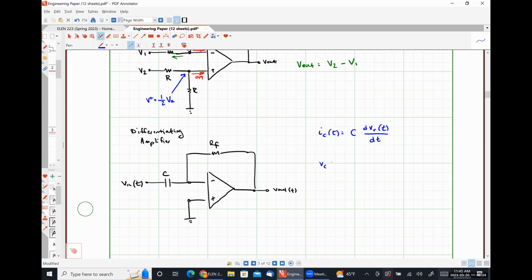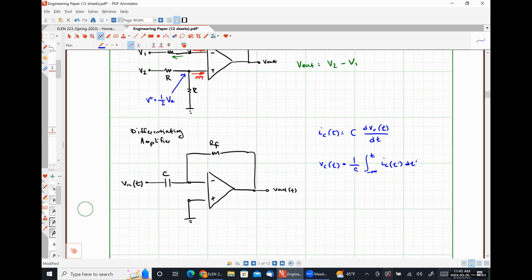And the voltage drop across the capacitor is 1 over C times the integral from -infinity to some later point in time of i_C(t') dt', where I'm not using the initial condition relationship here just because that's going to make the math slightly more difficult and I don't want to do it. Okay.